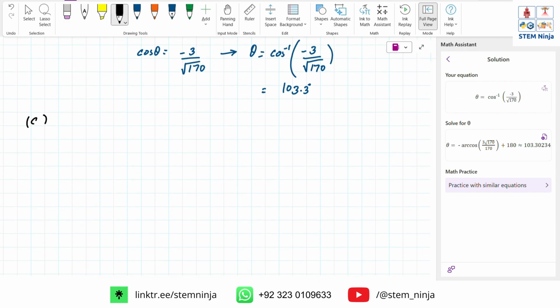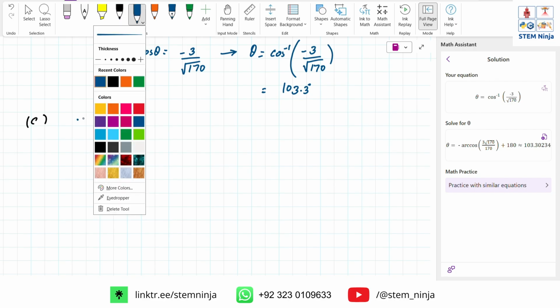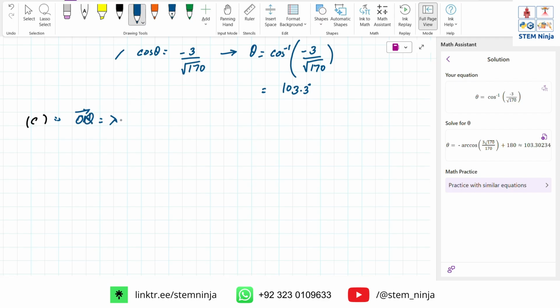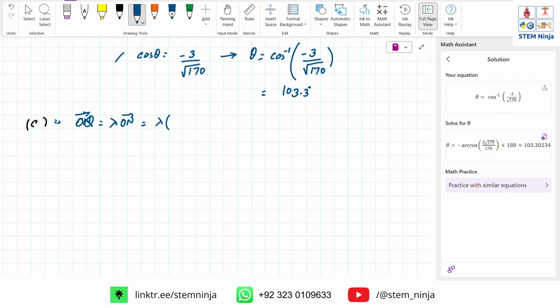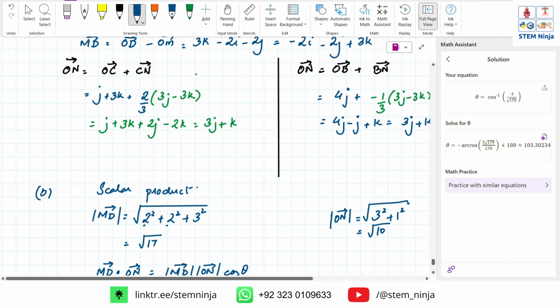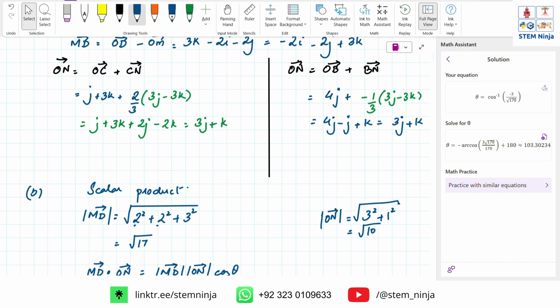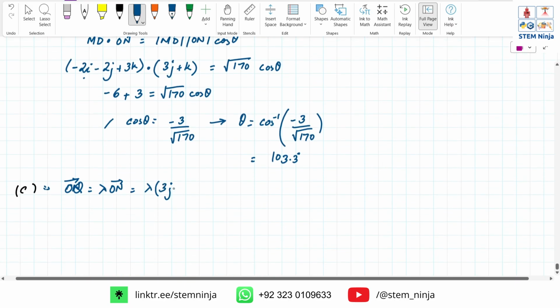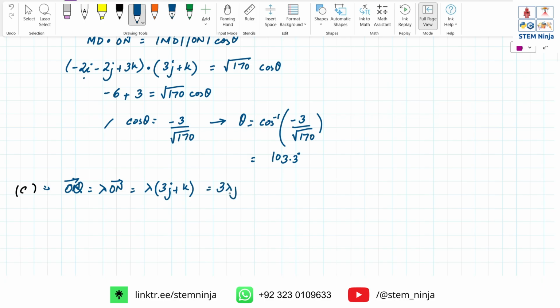C part. Now, we wrote above that OQ is lambda times ON, which is lambda times 3j plus k, which can be written as 3 lambda j plus lambda k.